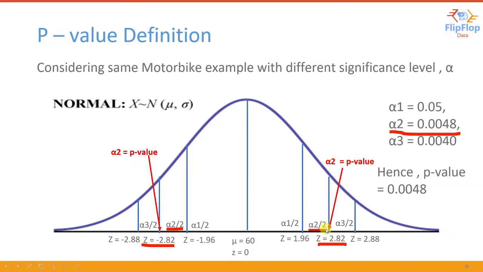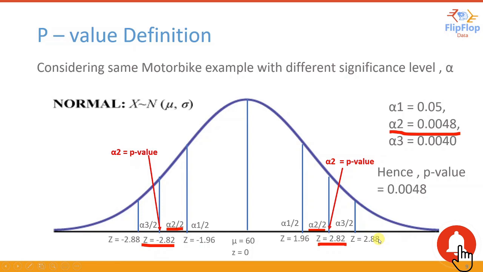In the second case, I will consider alpha 2 as 0.0040. In this case, the computed Z score becomes 2.88 and the test statistic is 2.83, which is less than 2.88. Hence, the test statistic lies in the non-rejection region, and based on this, H naught is not rejected.